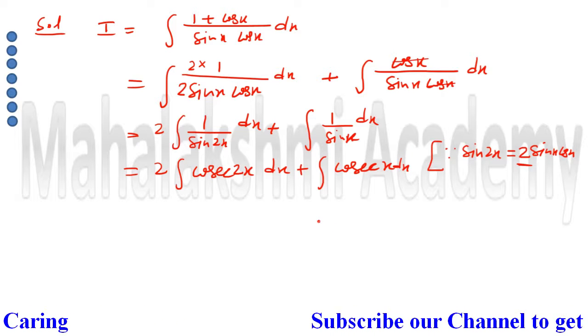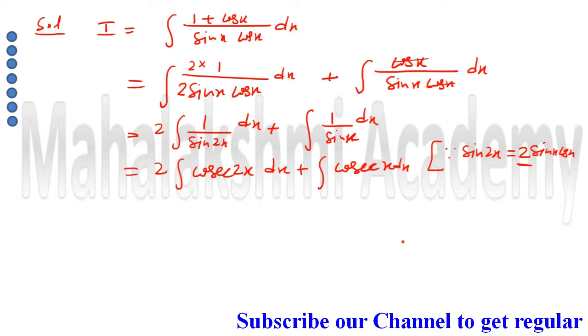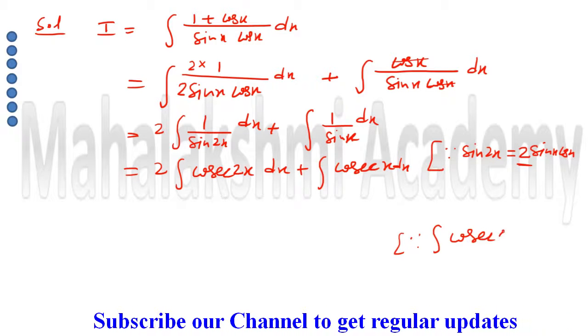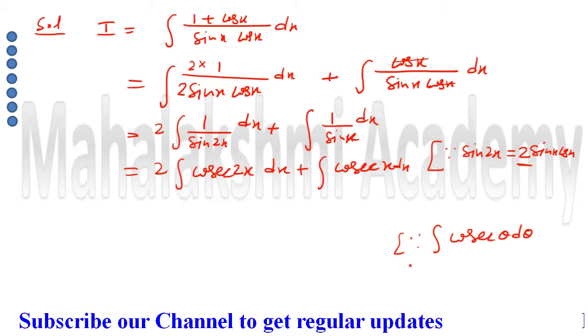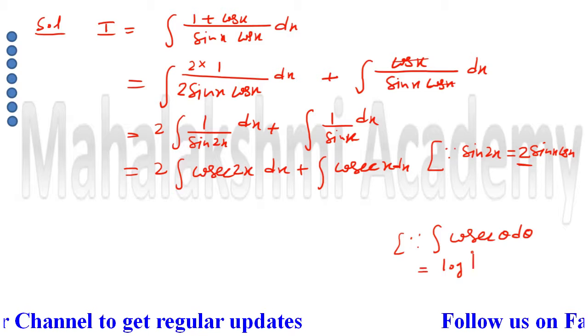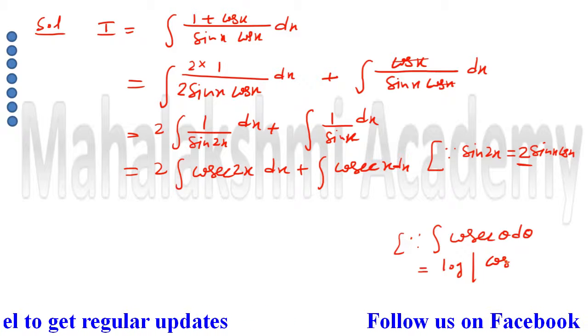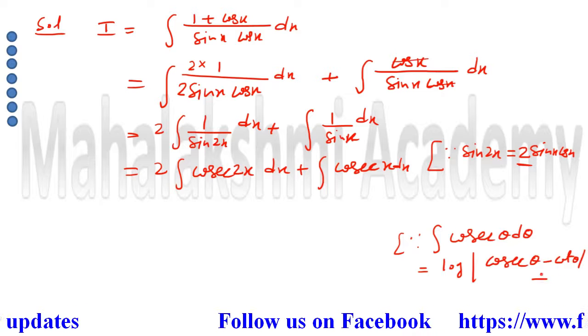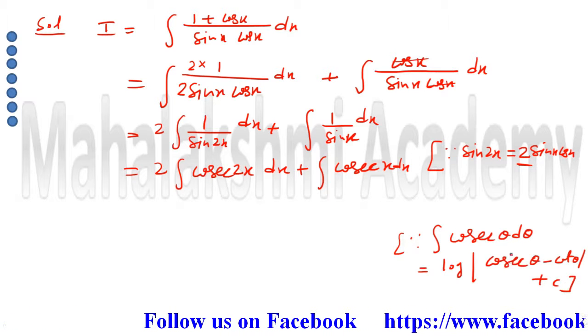Now directly we have to use the formula, and you might know the direct formula is there. The integration of cosec theta with respect to theta is log mod cosec theta minus cot theta plus c. So we have to use this.